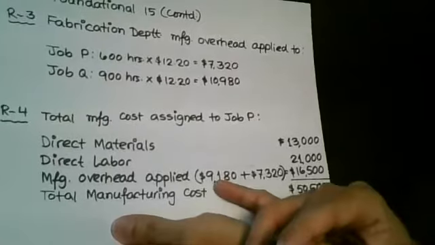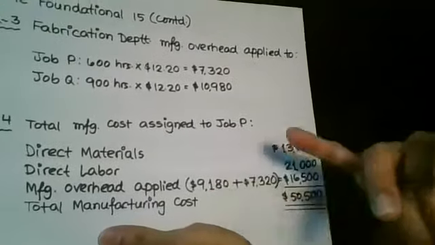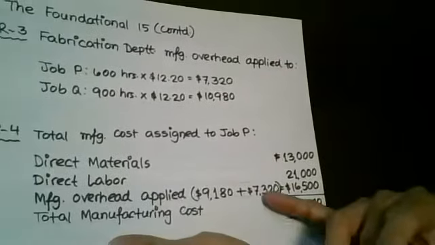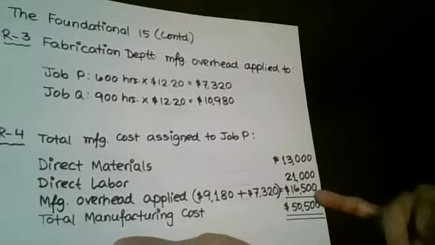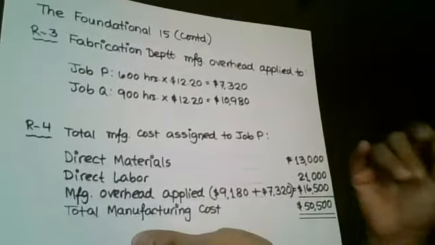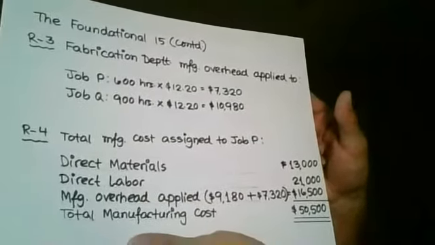This is the contribution of the molding department to job P, and the contribution of the fabrication department to also job P. So the total overhead assigned to job P is $16,500. So if we add the three together, we have the total manufacturing cost of job P.